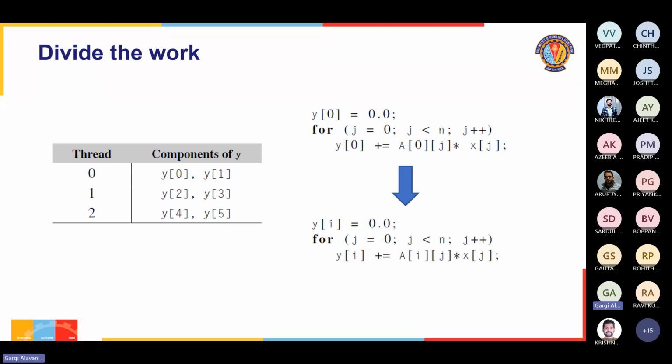In this case. But at minimum, we expect X to be shared. Minimum, X has to be shared amongst all the threads. Maybe A can be partially shared if there is a way we can divide it, right? But X has to be shared with all the threads.